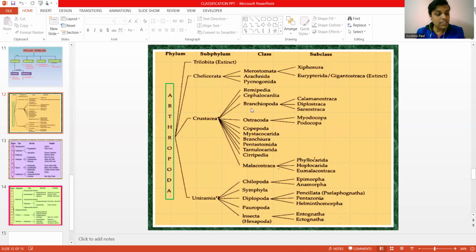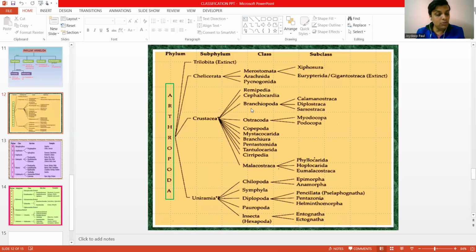Subphylum Chelicerata can be further subdivided into three classes. Class 1, Merostomata. Characteristics are aquatic chelicerates with 5 or 6 pairs of abdominal appendages modified as gills.